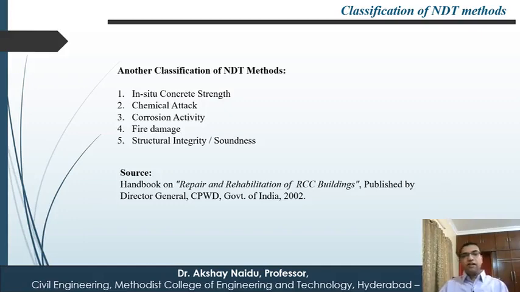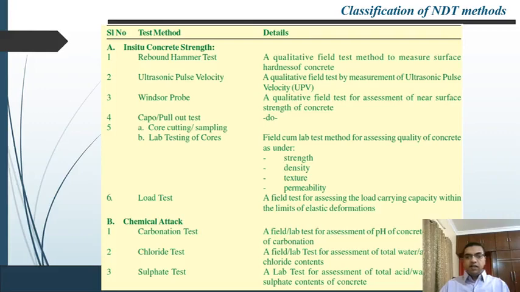These are the 5 categories: in situ strength of concrete, chemical attack, corrosion activity, fire damage, and structural integrity and soundness. This is the categorization.